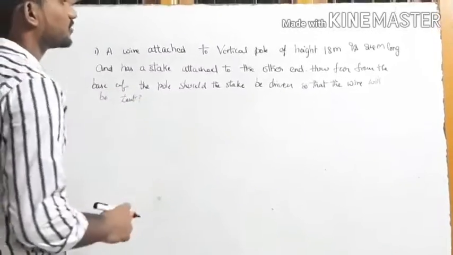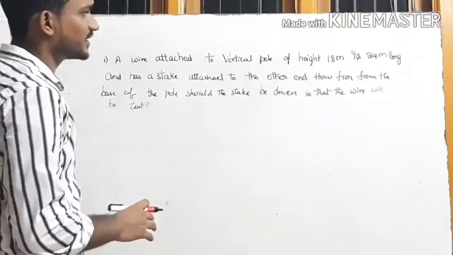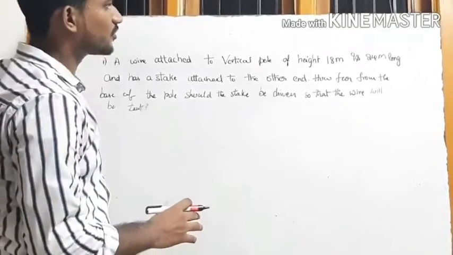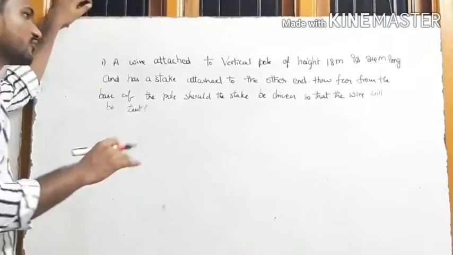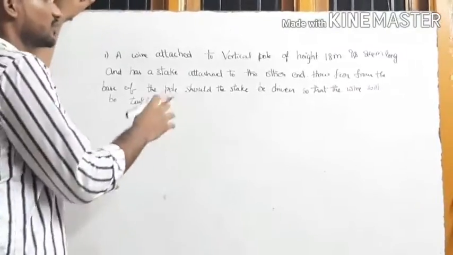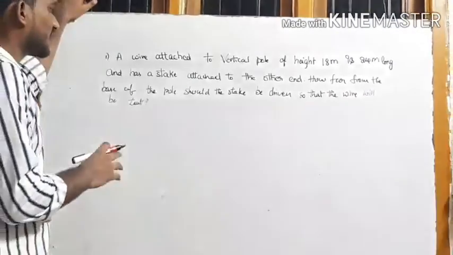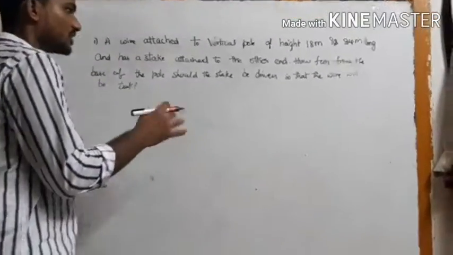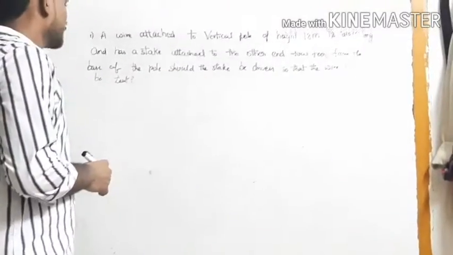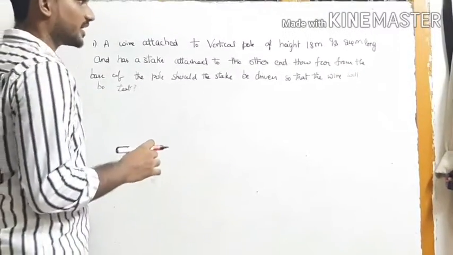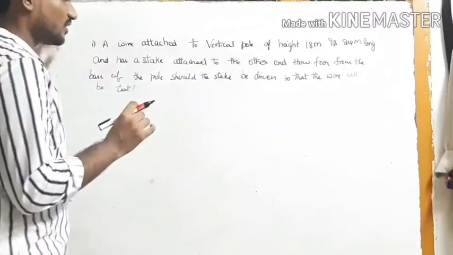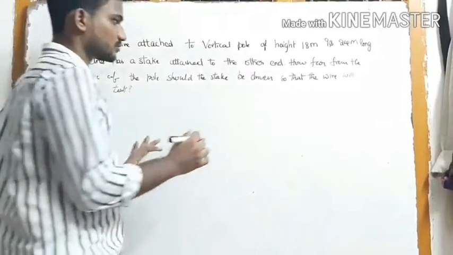A wire attached to the vertical pole of height 18 meters is 24 meters long. The wire is 24 meters long and the height of the vertical pole is 18 meters, and a stake is attached to the other end. How far from the base of the pole should the stake be driven so that the wire will be taut?